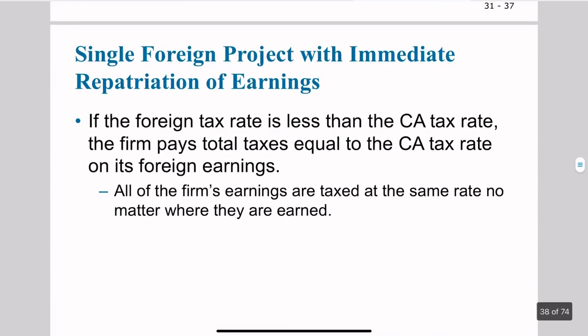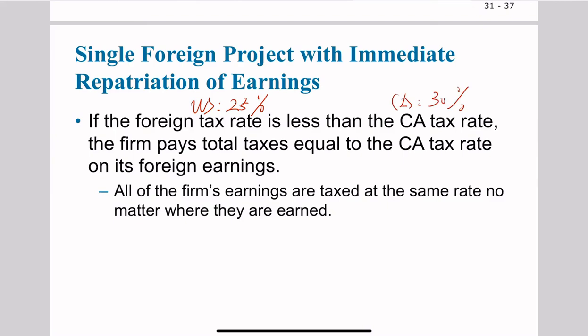So let's think about two cases. Say in the first case, the foreign tax rate is less than the Canadian tax rate. So let's say we think about U.S., right? Let's say U.S. tax rate is 25%. Let's say Canadian tax rate is 30%.